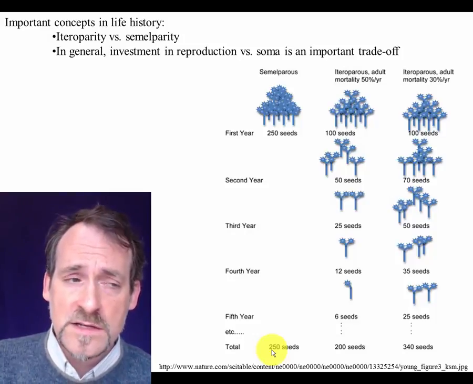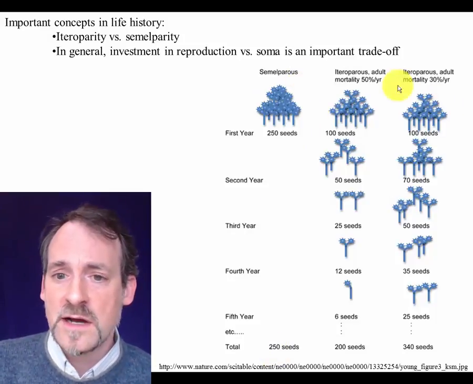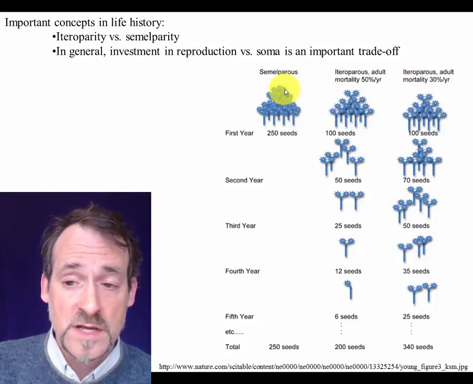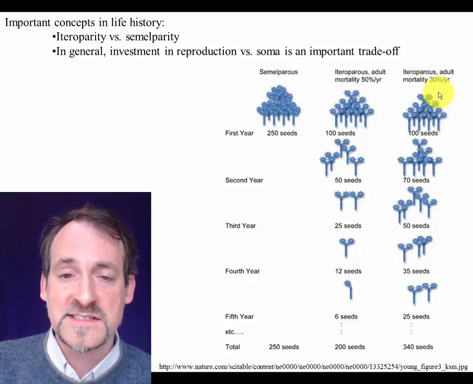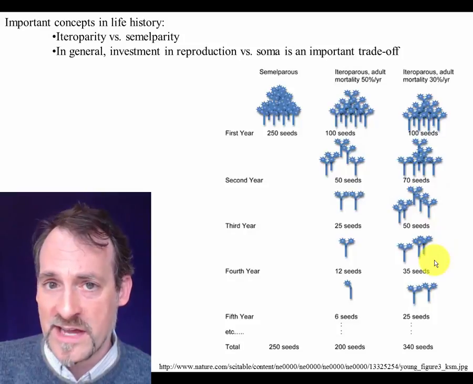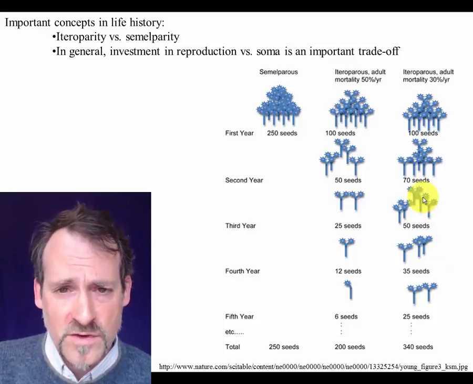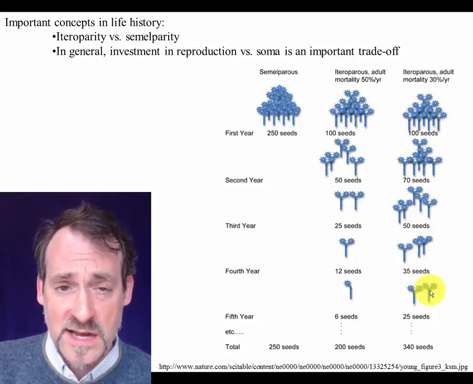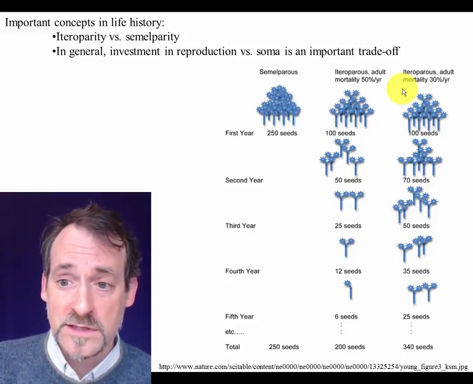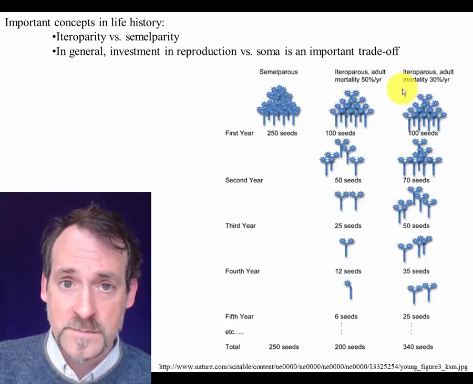I mentioned that basically these two strategies are essentially gambles. What the iteroparous plant is gambling on is surviving to the next year. And in situations where that gamble pays off, where survivorship from one year to the next really is pretty high, natural selection is going to favor iteroparity.